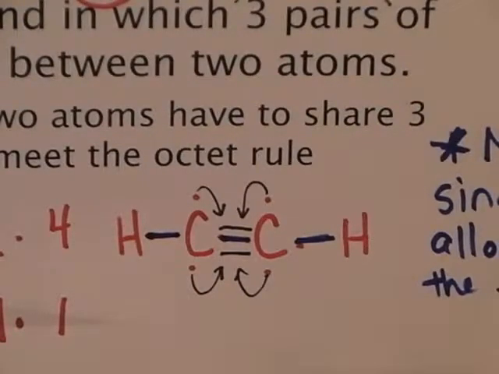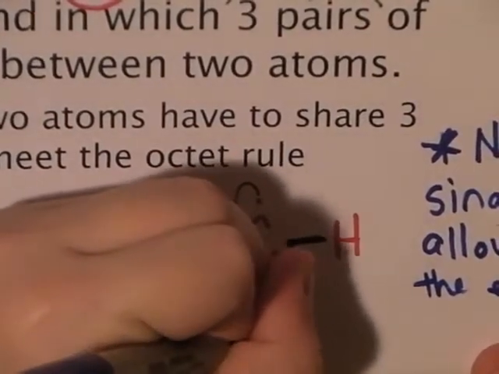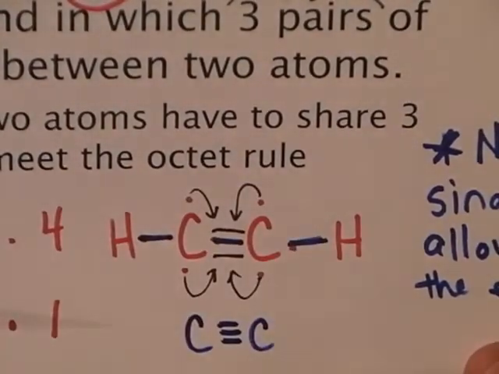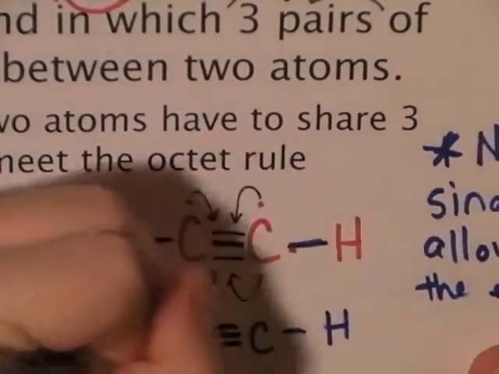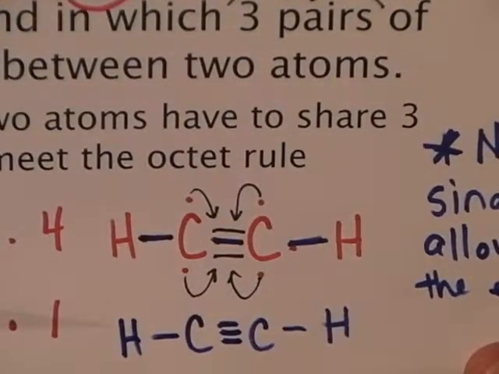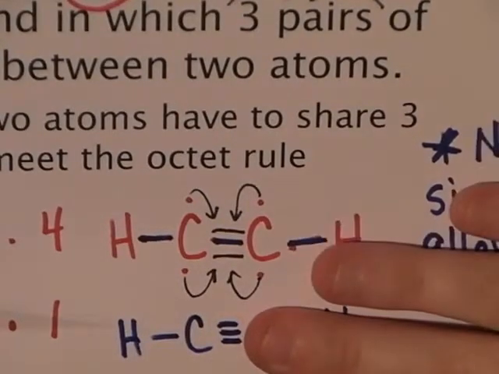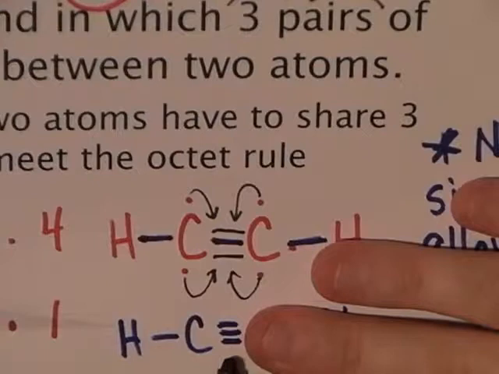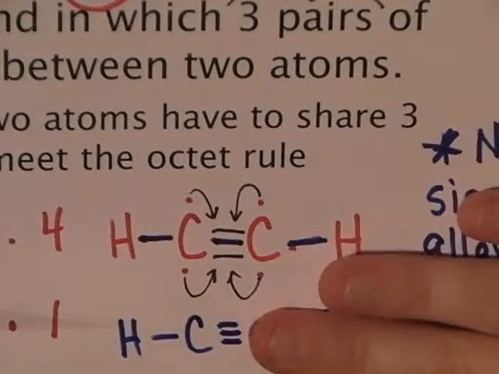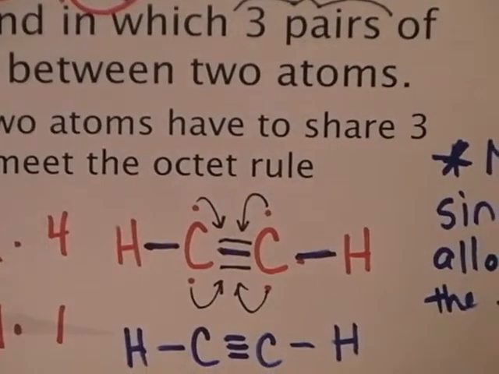All right, so if we're going to redraw this, we've got our carbons in the center with triple bonds between them, and then bonded to each carbon is a hydrogen. Now notice everyone's happy. The hydrogens each have their 2 electrons in their 1 bond, and if we look at this carbon, it's got 1, 2, 3, 4, 5, 6, 7, 8, so it's happy, and obviously it's a mirror image, so it's going to be the same on this side.